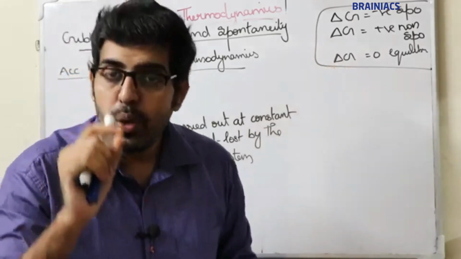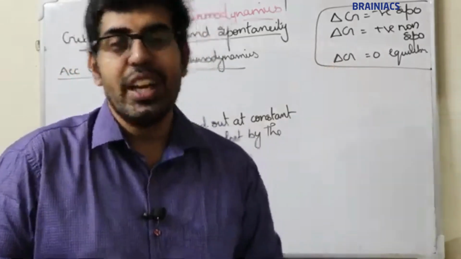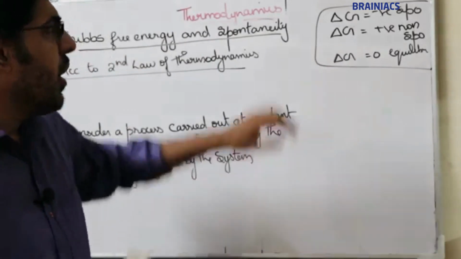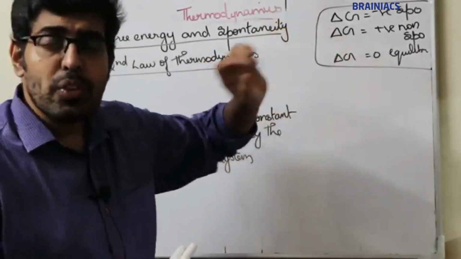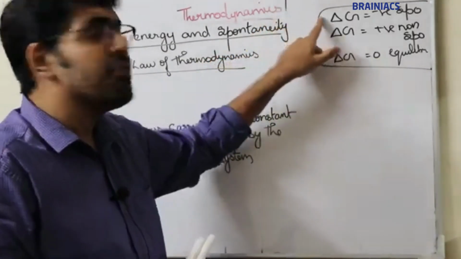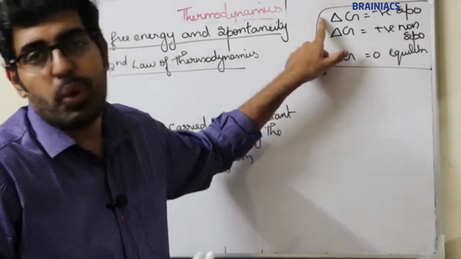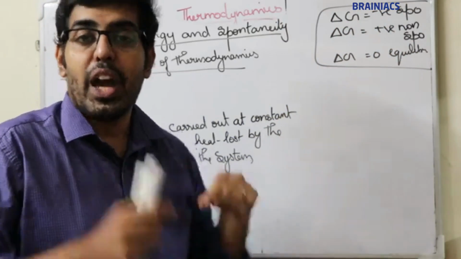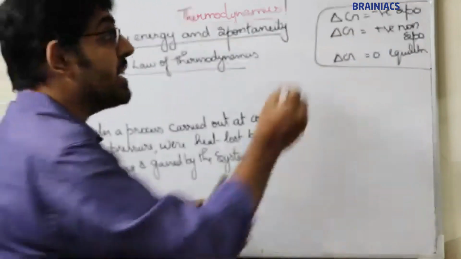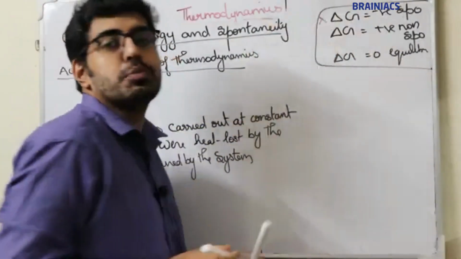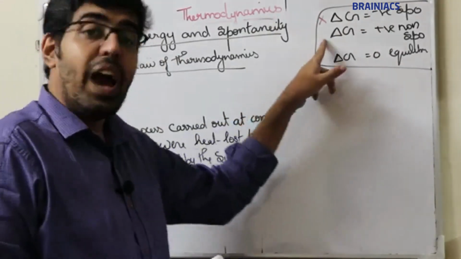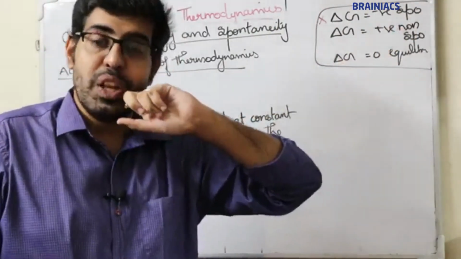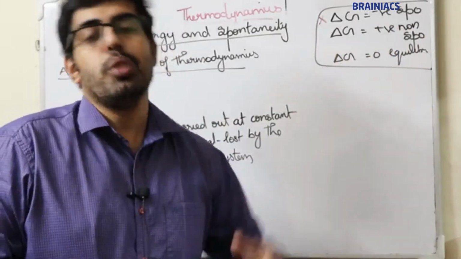And when delta G value is equal to 0, those reactions are at equilibrium. Now, when we discuss this topic, a question may arise: why does a negative delta G value become spontaneous? Why does a positive delta G value become non-spontaneous? Why does delta G 0 become equilibrium?